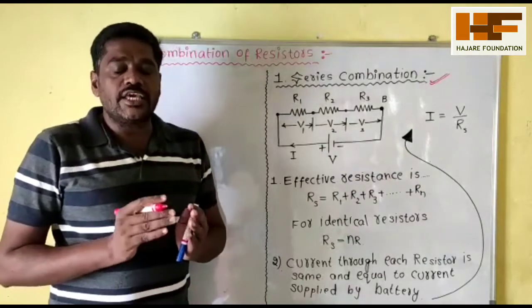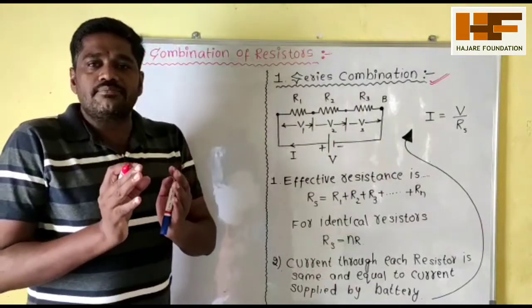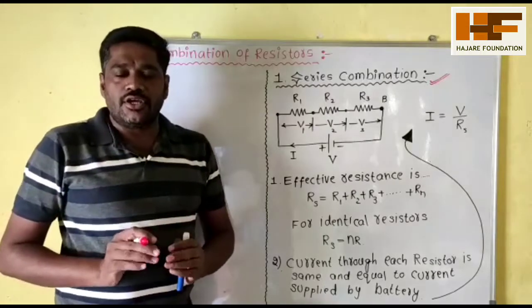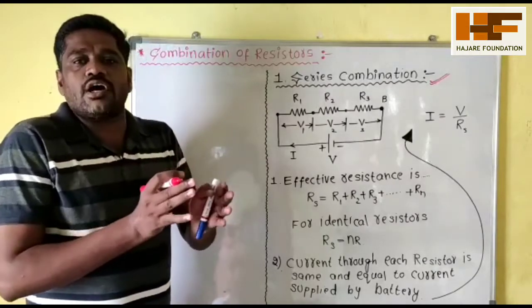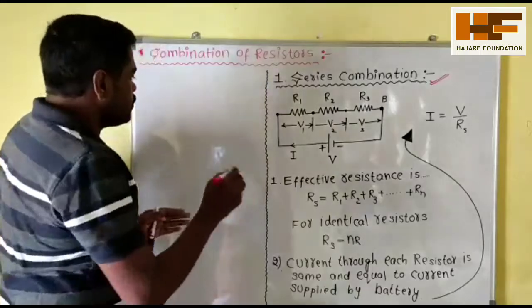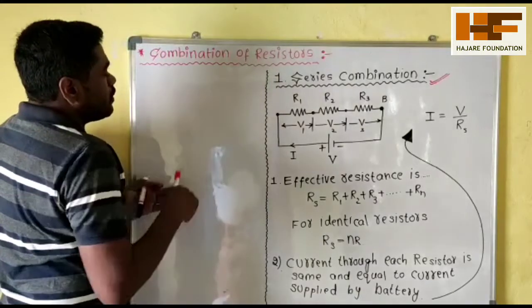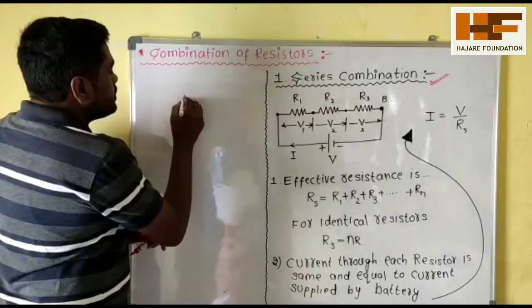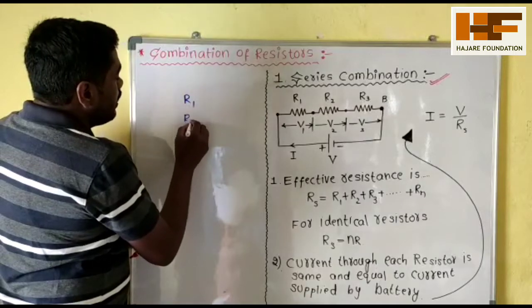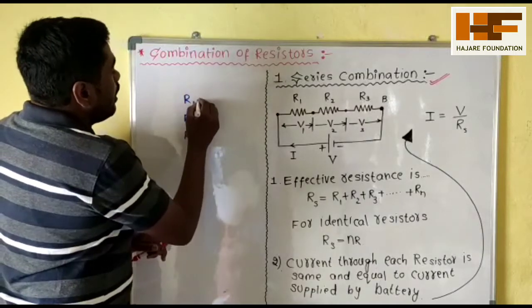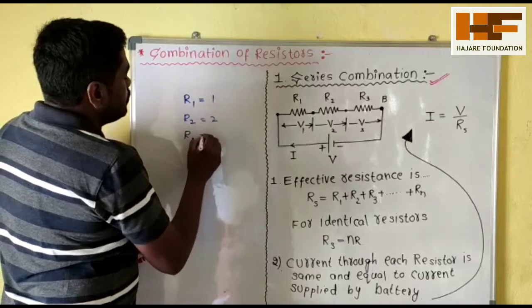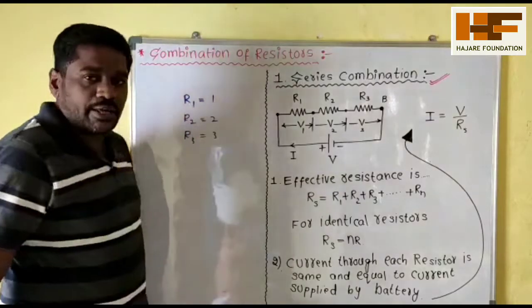What is the meaning of the series combination? First of all, suppose you are doing some practical in the laboratory and you want some fixed value of resistance. You have three resistors with you: R1, R2 and R3. R1 is 1 ohm, R2 is 2 ohm, R3 is 3 ohm.